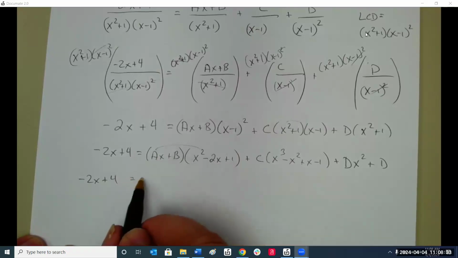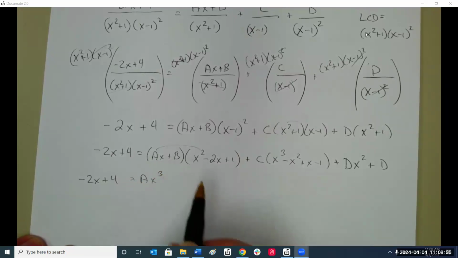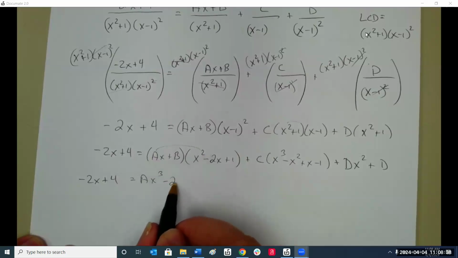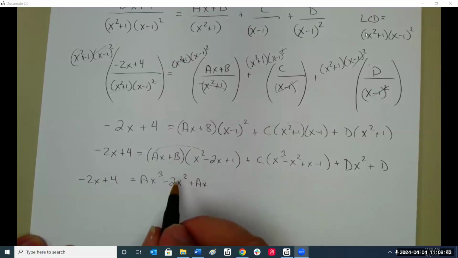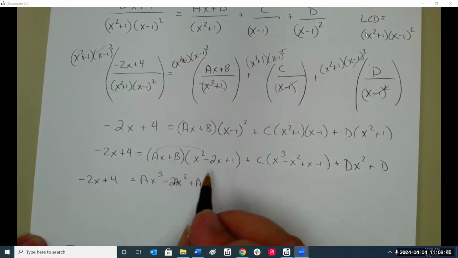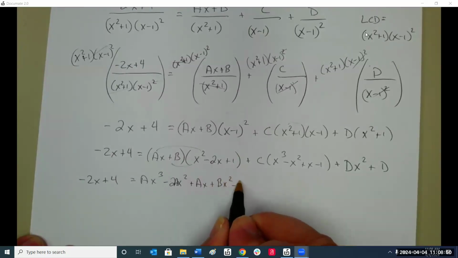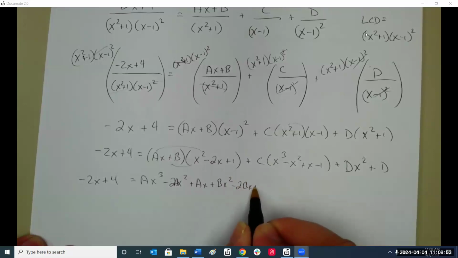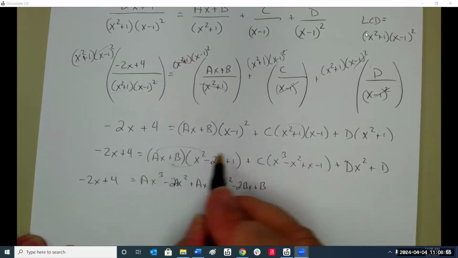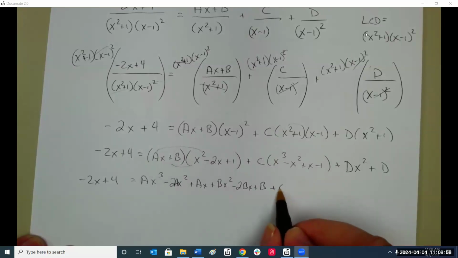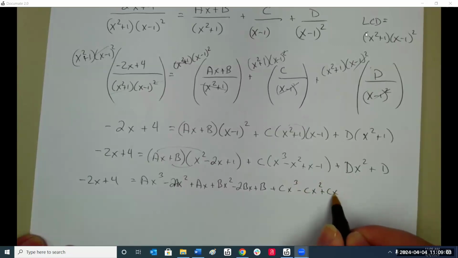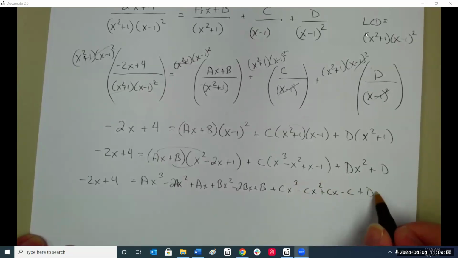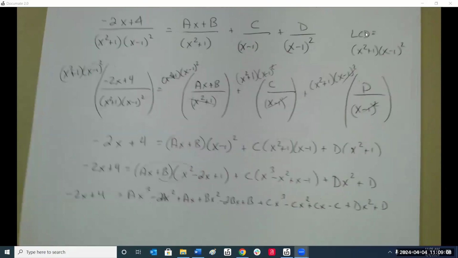So we have ax cubed minus 2ax squared plus ax plus bx squared minus 2bx plus b. That's how I pulled that out. Cx cubed minus cx squared plus cx minus c plus dx squared plus d.